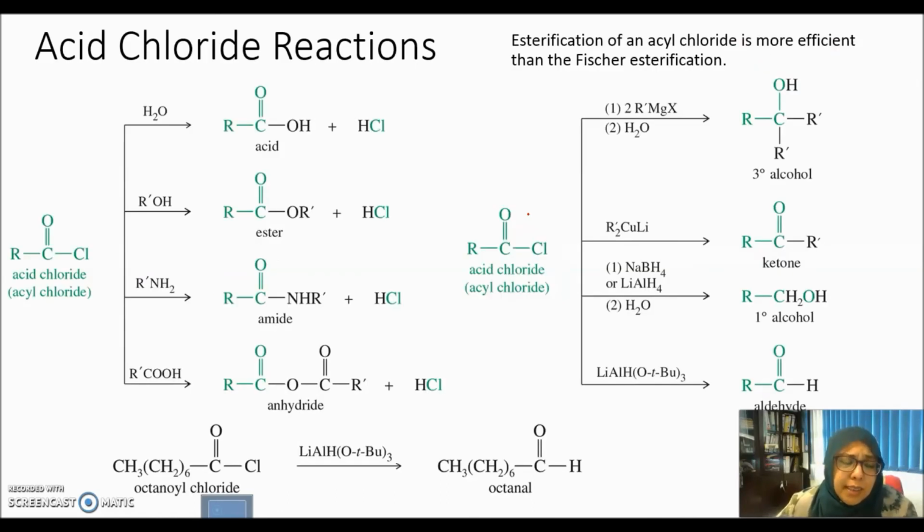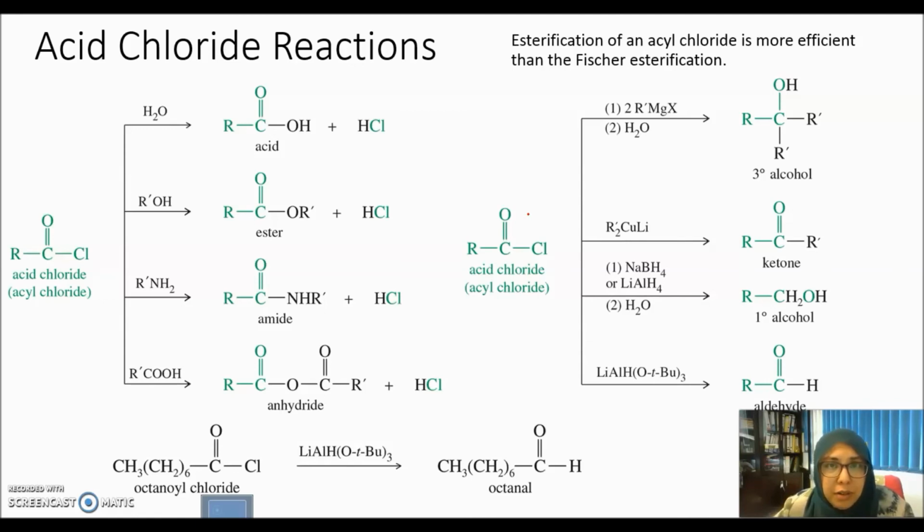Because it's the most reactive, there are many reactions that you can do. For example, you can do hydration, and you will get your acid back. Or you can do esterification, where you react it with alcohol and you will get your ester.